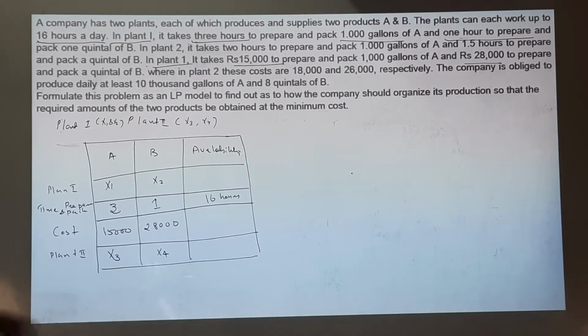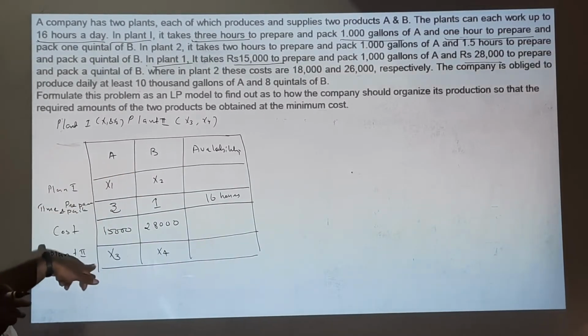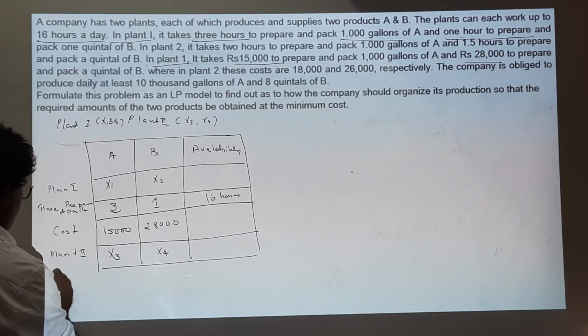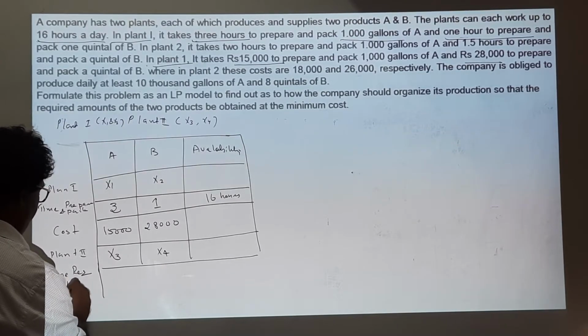Now plant 2, we have output as X3 and X4. What is X3? Number of units of A manufactured by plant 2. And what is X4? Number of units of B manufactured from plant 2. Now the time constraint, time required for preparing and packing.